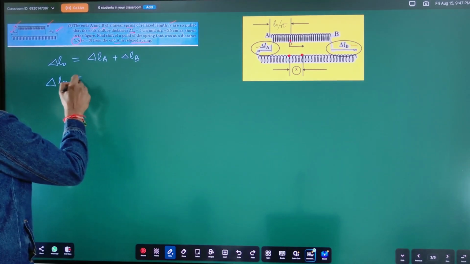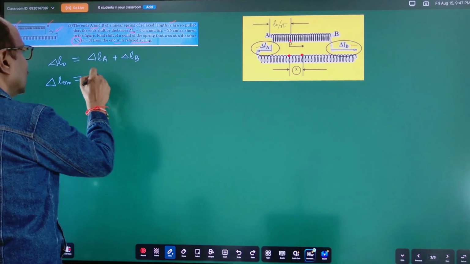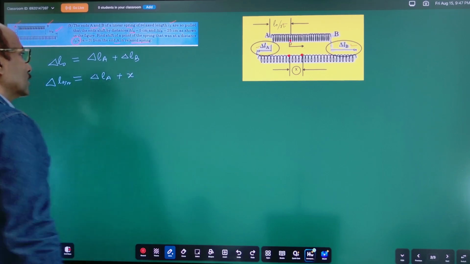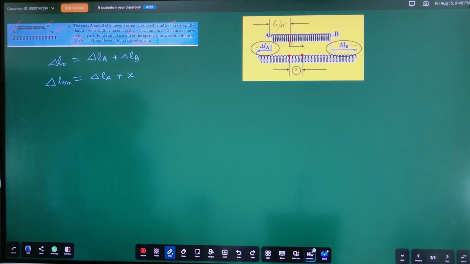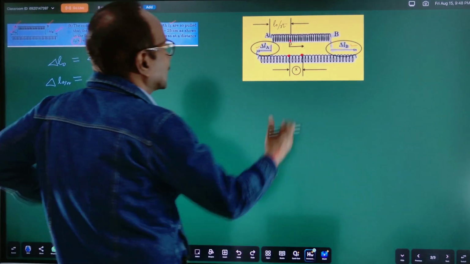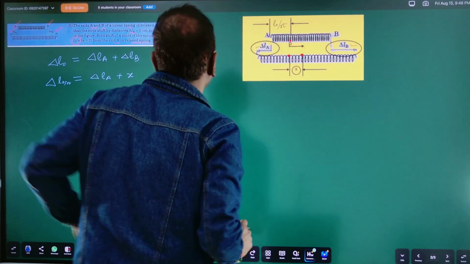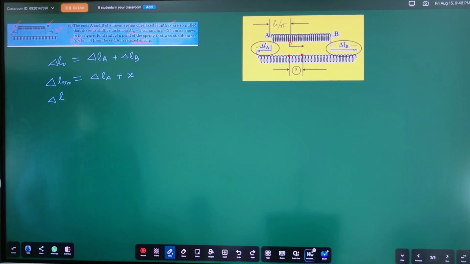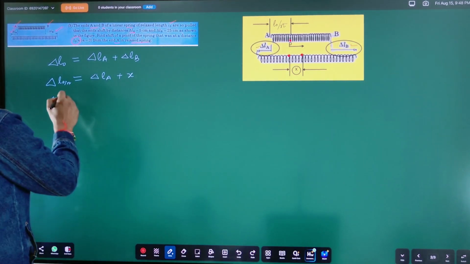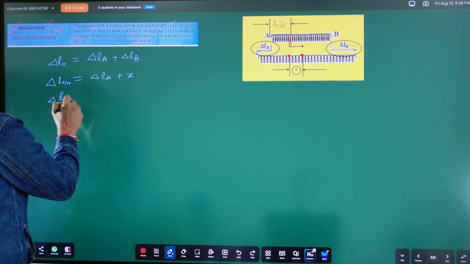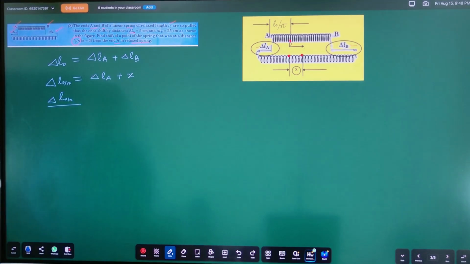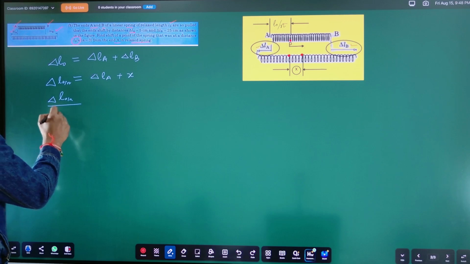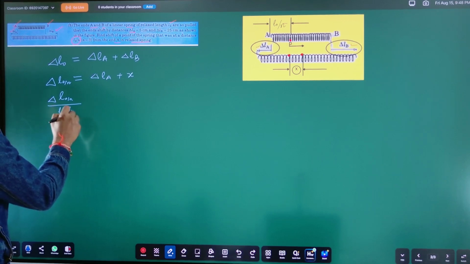So we can write it as delta LA plus x. So what will be the strain in this section AP? It is delta L0 by n, divided by its original length. The original length is L0 by n.